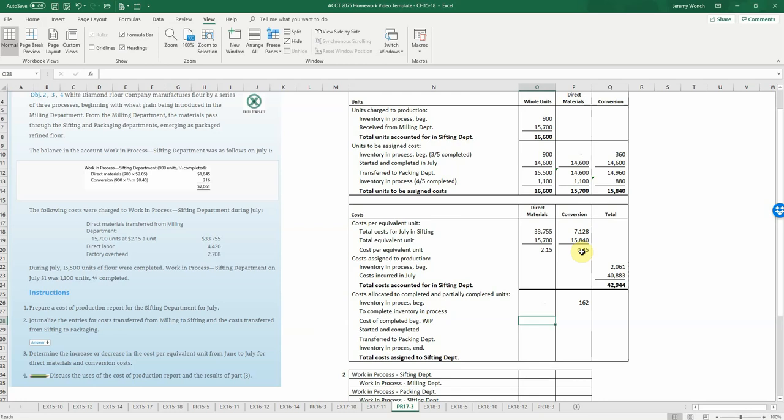And so our cost to complete our beginning work in process. So our cost of completed beginning work in process. So that was going to be what was started and completed. So we had 14,600. Multiply that times our direct material cost per unit of 2.15.